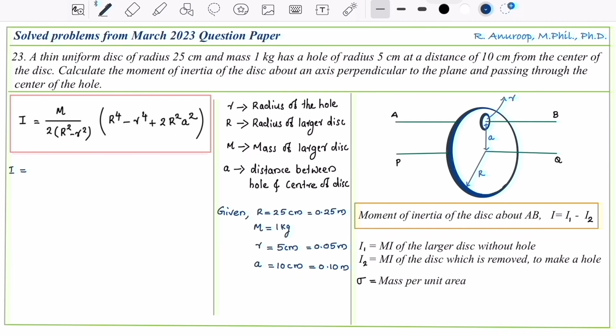Hence, the moment of inertia of the disk about AB is 1 divided by 2 times (0.25 square minus 0.05 square), then within bracket, 0.25 raised to 4 minus 0.05 raised to 4 plus 2 times 0.25 square into 0.10 square.